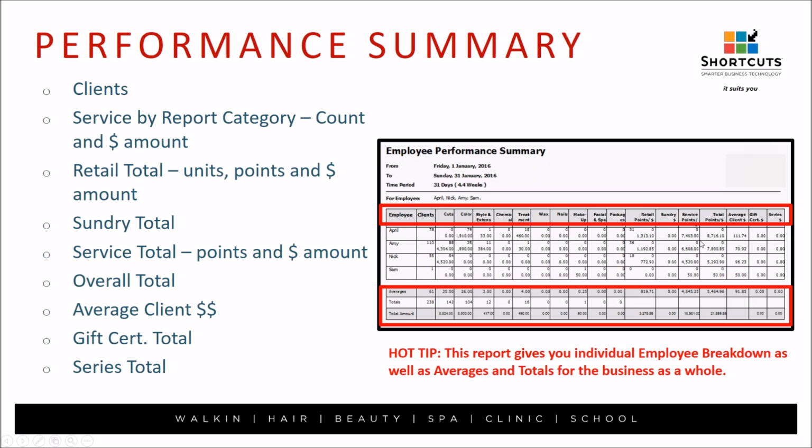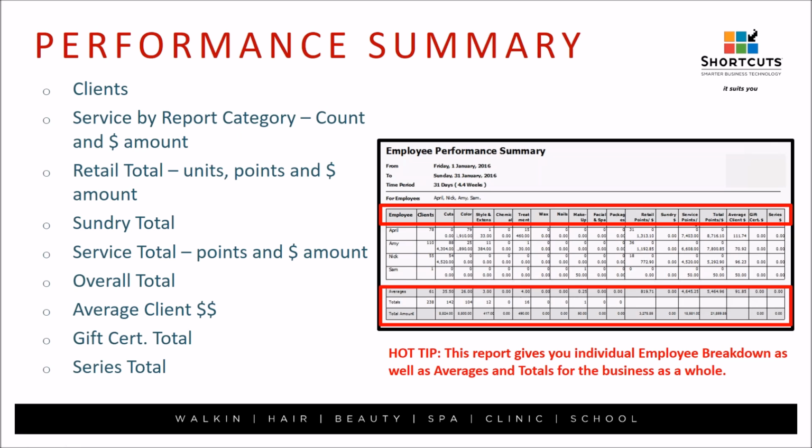The next column we're looking at is a service total, so you'll see the points and the dollar amount as well in that column also. The dollar value is listed underneath, the points is listed above, so 1, 2, 3, etc. So the next area is the overall total.